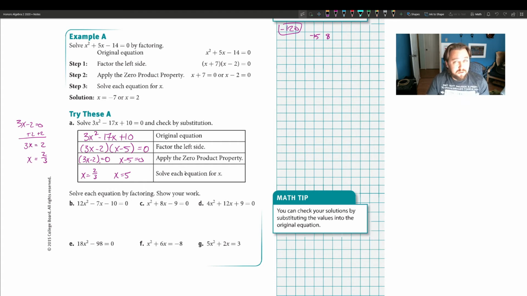Thank you, Miss Stelzer, for that lesson years ago. Anyway, negative 15 plus 8, that sum is, holy cow, negative 7. Well, I'm getting good at this. All right, so those are most likely our factors.